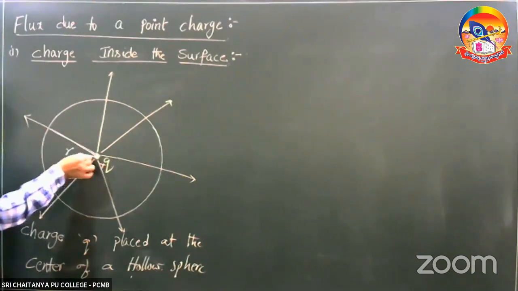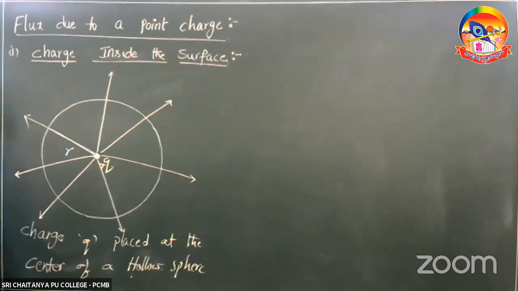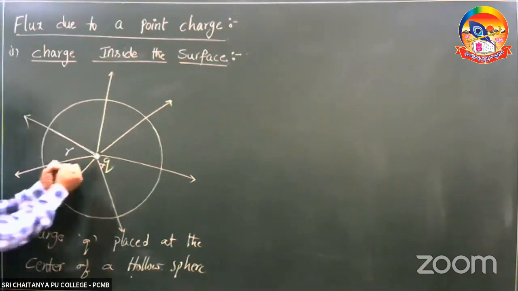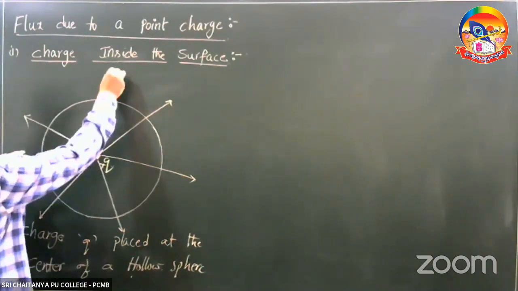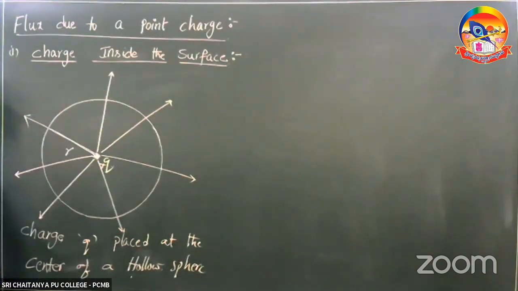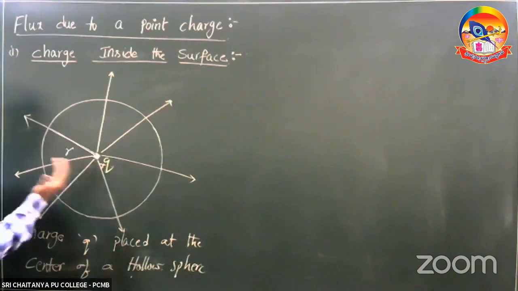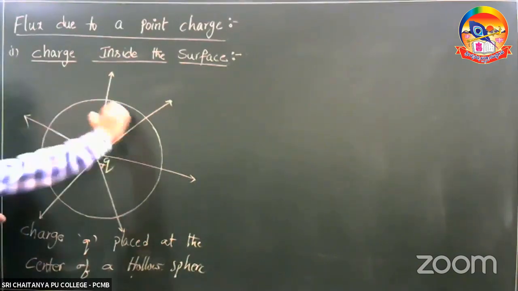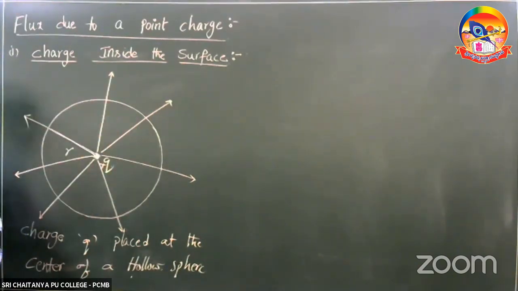Electric lines of force due to a positive charge: as it is positive, lines of force come out of that positive charge. Then what is the total flux linked with this? Just as we discussed, whenever curved surfaces are given, what is the first step to follow?